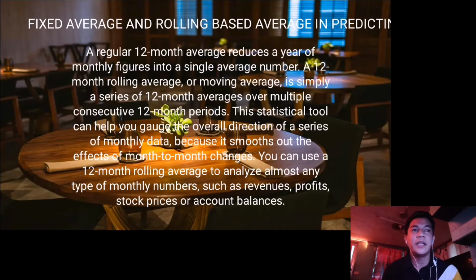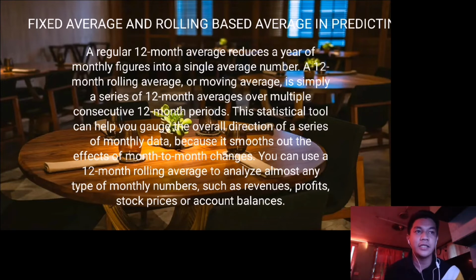Next, fixed average and rolling base average in predicting sales. A regular 12-month average reduces a year of monthly figures into a single average number. A 12-month rolling average, or moving average, is simply a series of 12-month averages over multiple consecutive 12-month periods.